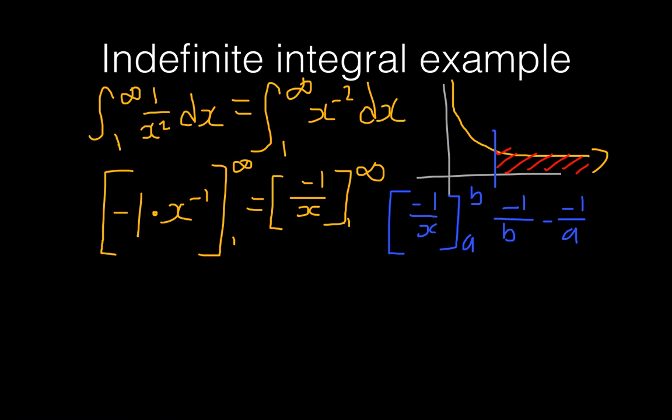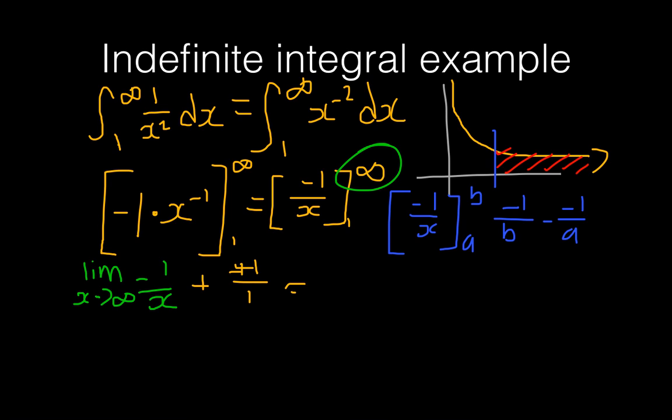What we're actually going to do is take the limit of this part right here. So we're going to have the limit as x approaches infinity of negative 1 over x minus negative 1 over 1. So basically just plus 1.